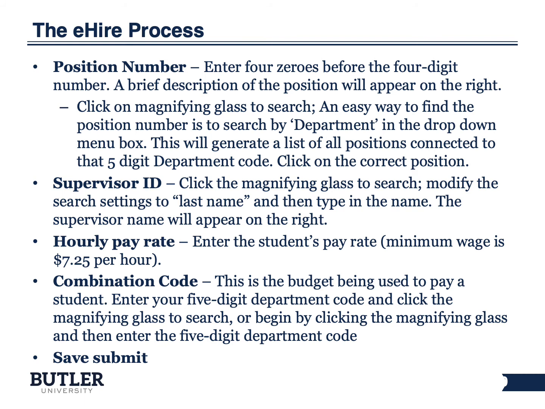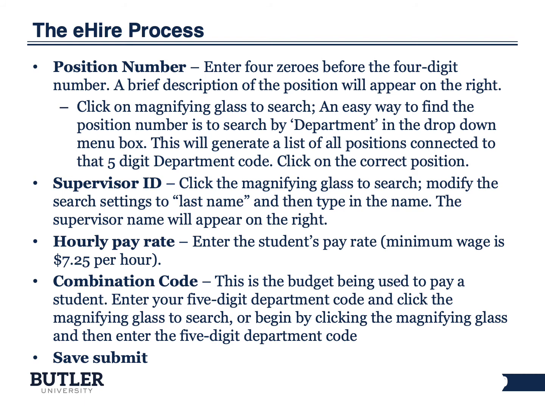The easiest way to find the position number is to actually adjust the search filters and select Search by Department in that drop-down menu box. This will help generate a list of all the positions that are connected to that 5-digit department code. So that's just a little bit easier of a way to narrow down to know the positions that are specifically tied to your department. You'll review those positions and again find the most appropriate one and click on that correct position.